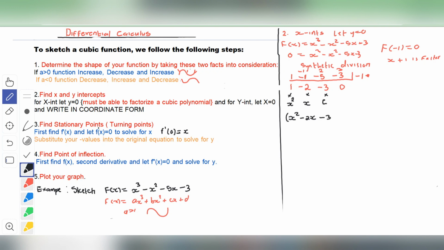So then we can close the bracket. We can see that the coefficient of x squared is 1, which is here. And the coefficient of x is -2, which is here. And the last one, which is the constant -3, is here.